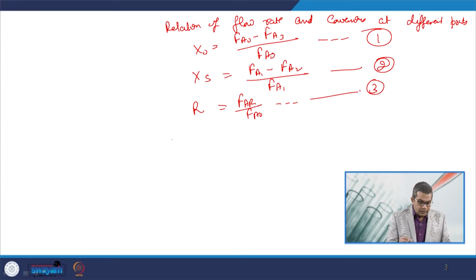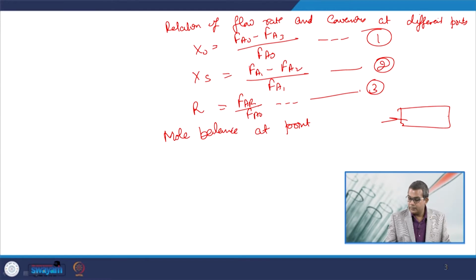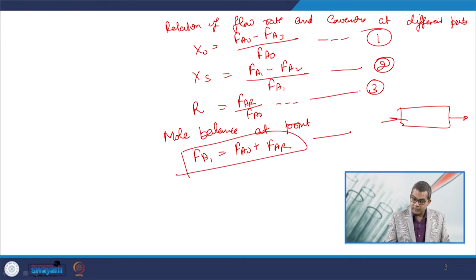Now, if we try to write the mole balance at point 1, then we can write the mole balance equation with respect to this flow rate: FA1 is equal to FA naught plus FAR, that may be equation number 4.